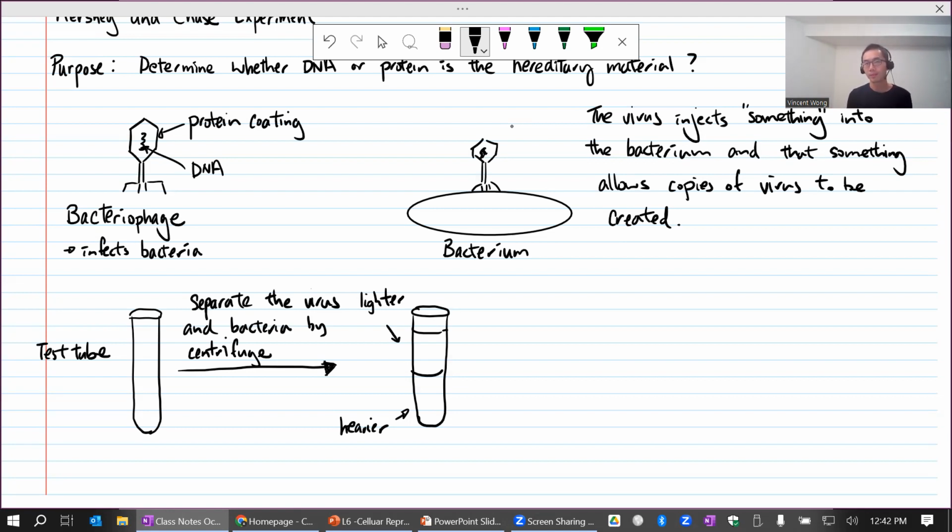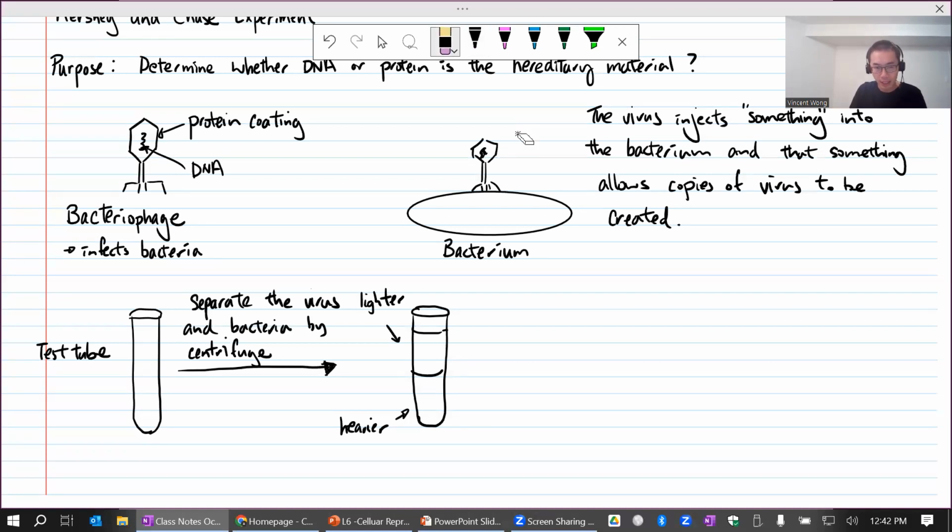Which one is bigger in real life? Just look at my drawing. I tried to draw it in a way that would be representative of their size. So which one is going to sink to the bottom when you separate them? The bacteria is the heavy one.